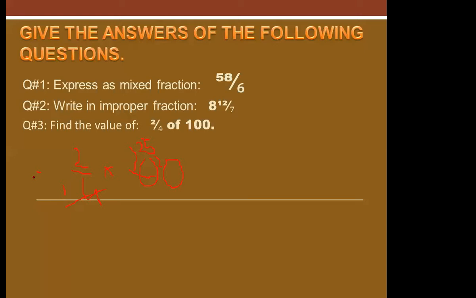Oh, sorry, sign of equality. Please do not forget to place a sign of equality. 2 multiplied by 25, then it will become 50. This is the answer. So 50 is the correct answer.